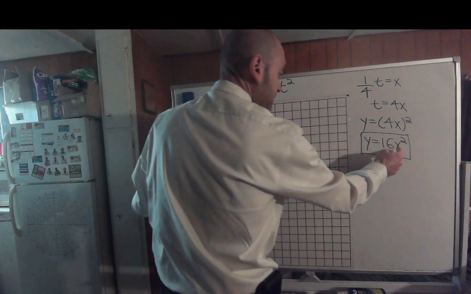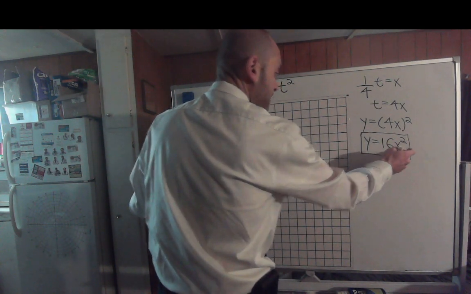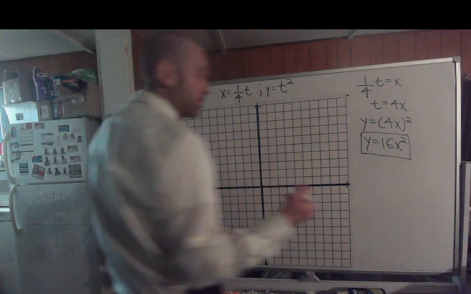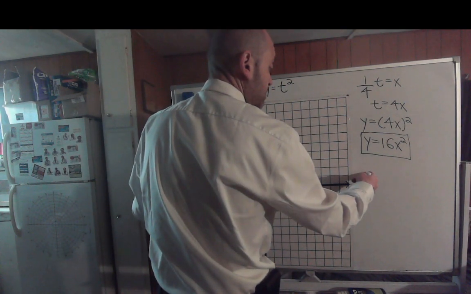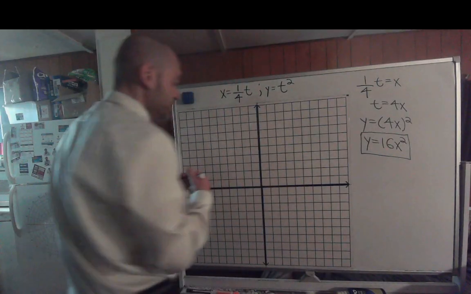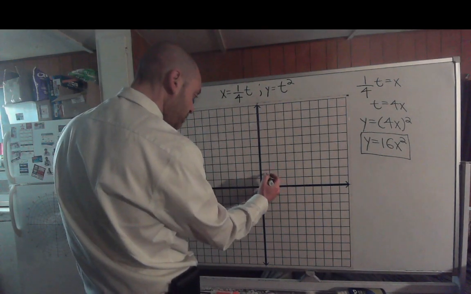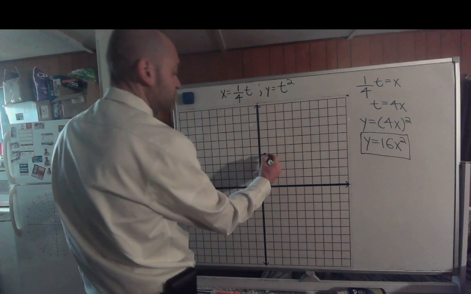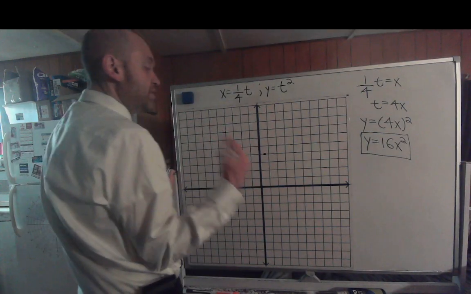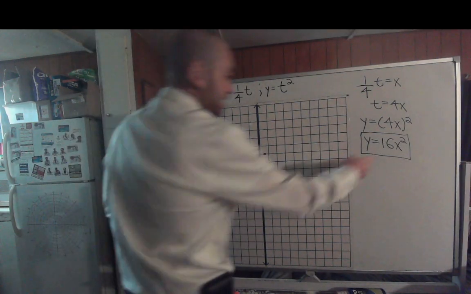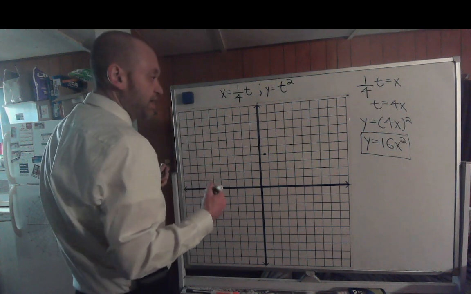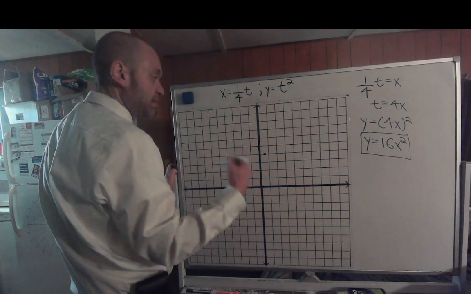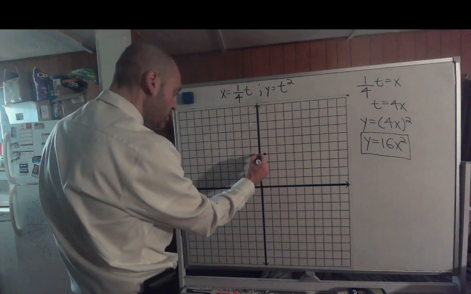So we take 1/2 and square it, you get 1/4. 16 times 1/4 is 4. So when x is 1/2, you'll get a y coordinate of 4. And then if I picked x being negative 1/2, I would get the same thing: positive 1/4 times 16, which would end up being 4.